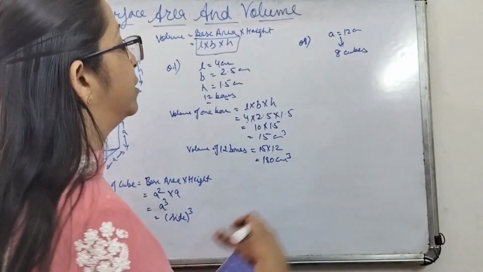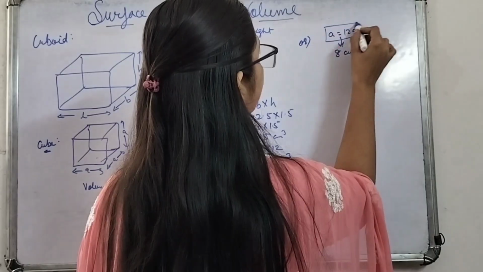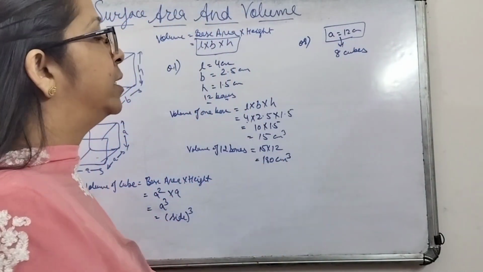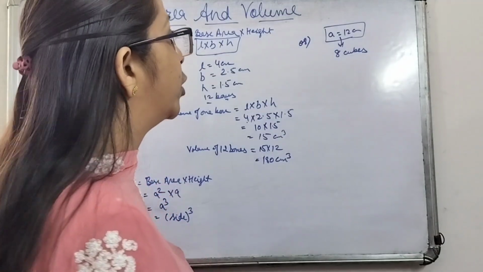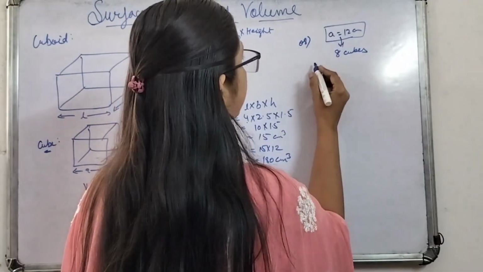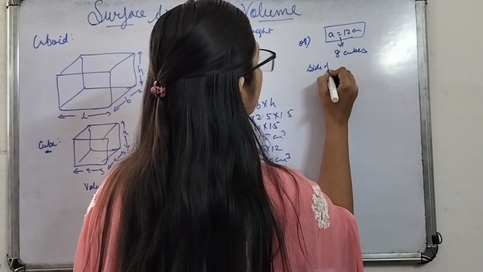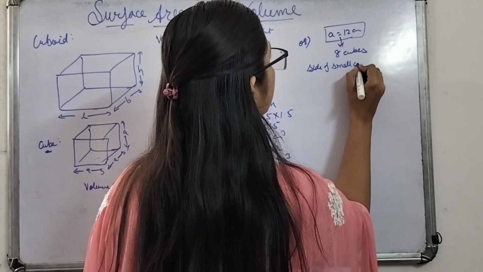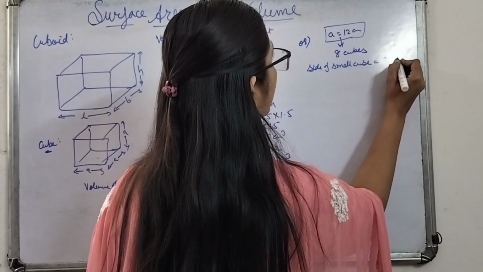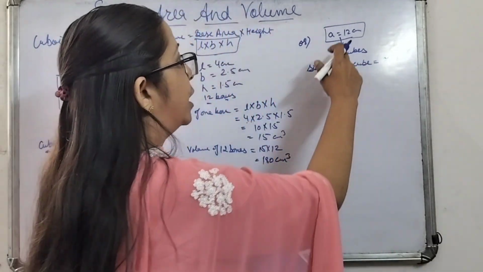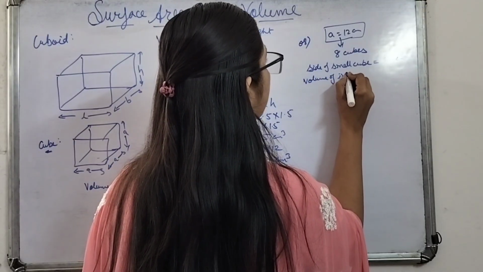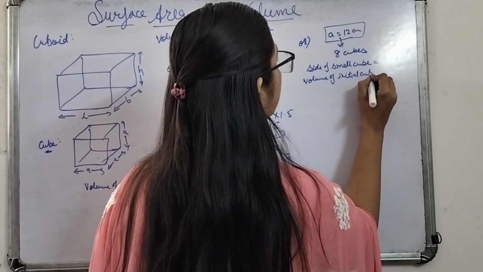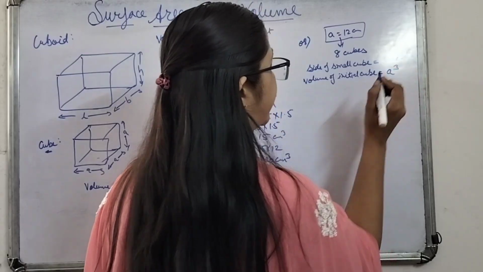Now see over here, initially the side of the cube was 12 centimeter. It has been cut into 8 cubes which have equal volume. Now we assume that the side of the smaller cube is x centimeter. Now the volume of the initial cube will be A cube, that is side cube.